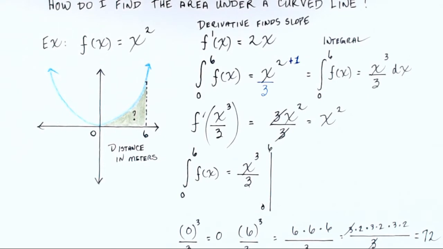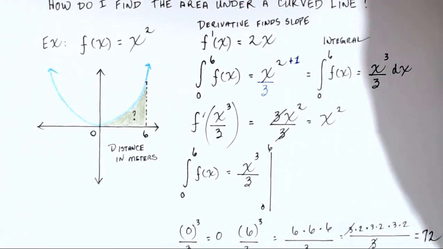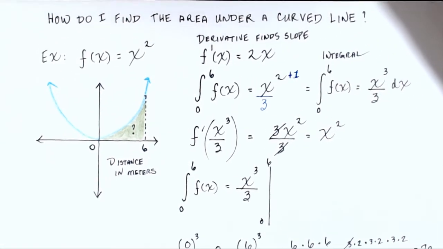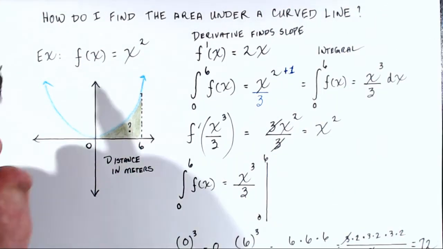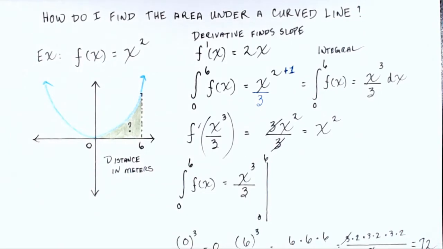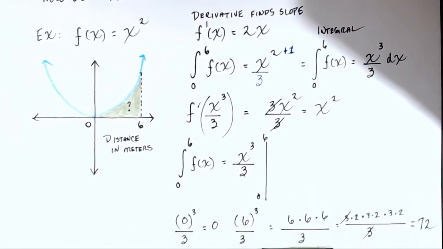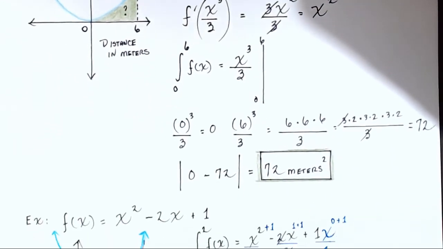And you can choose what distance, or it'll be given to you to find. And this is calculus, you know. The integral helps me find the area under the curved line. And so this is what calculus looks like.